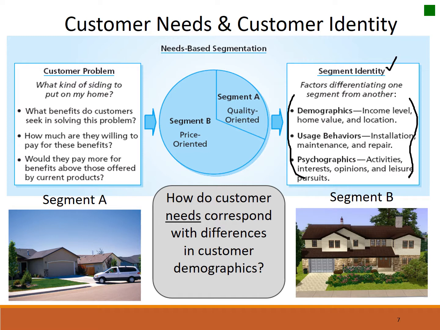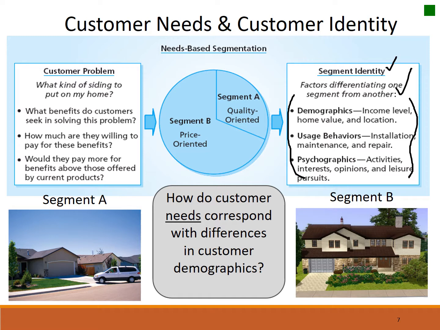They have different characteristics that would be identified here in the market identity or segment identity and customer profile, and they would probably lend themselves to different characteristics as to being quality oriented or price oriented. If you have a much larger home, you may have to buy more siding.